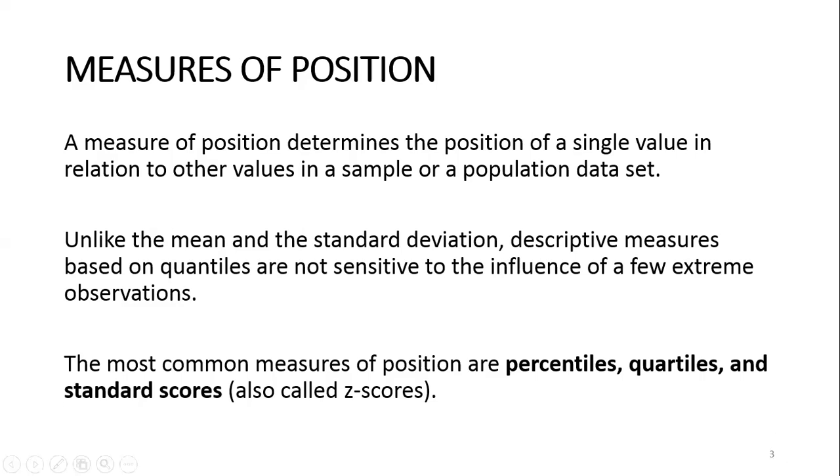Quartile splits values into 4 parts, 4 equal parts in terms of quantity. And z-score is based on normal distribution, which we will look at shortly.